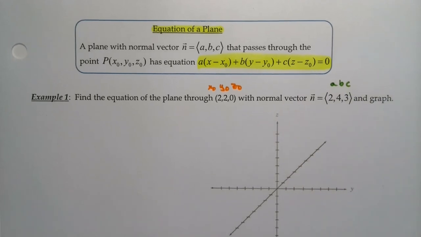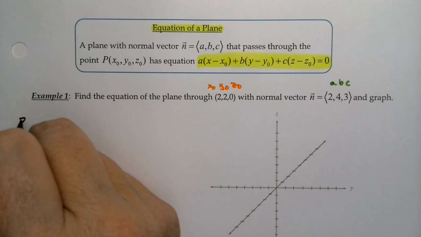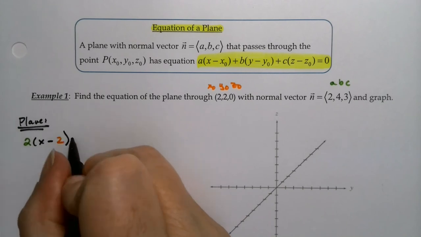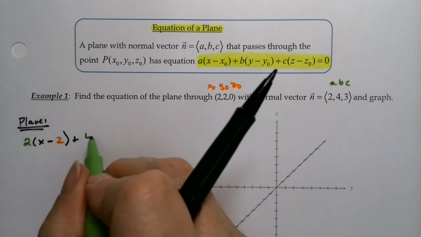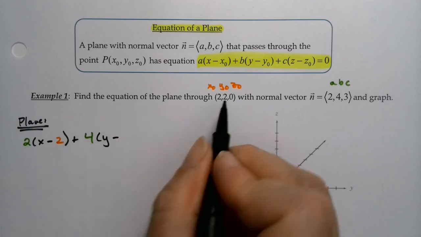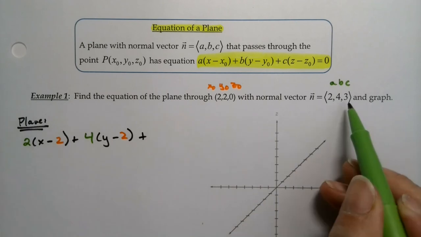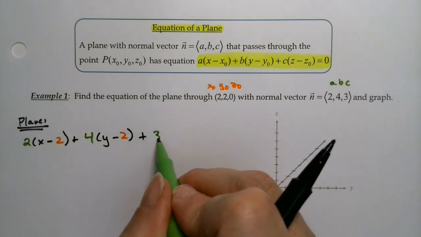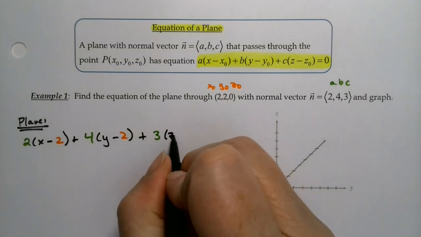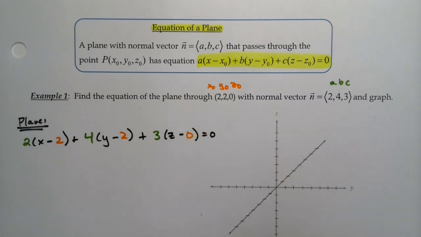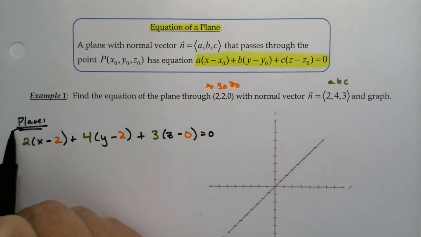So the equation of the plane, funnily enough, is 2 times x minus 2 plus 4 times y minus 2 plus, excuse me, c, sorry, which is 3, I was thinking the z component, times z minus 0, and then the whole thing is equal to 0. That is the equation of the plane right there.